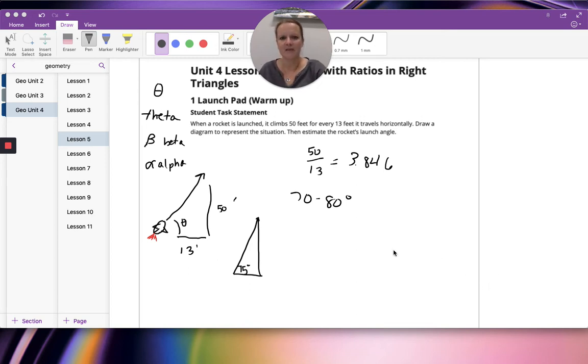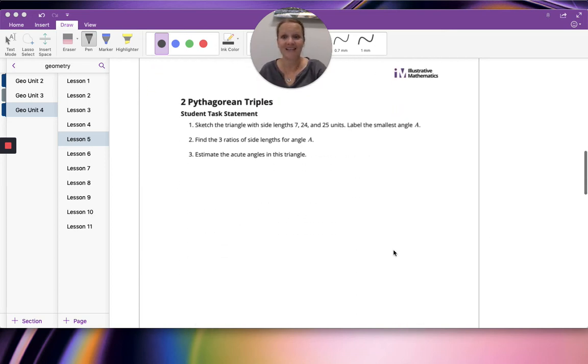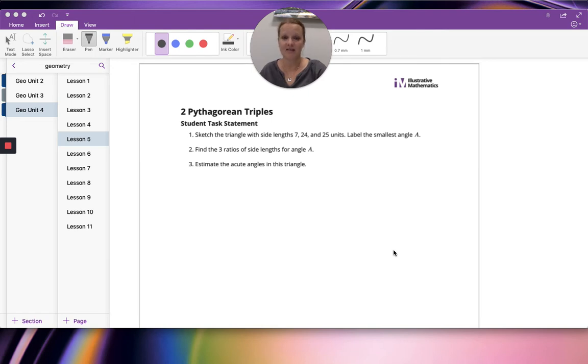Pythagorean triples. Moving on. So sketch the triangle with side lengths 7, 24, and 25. Label the smallest angle A. So let's try to do that.